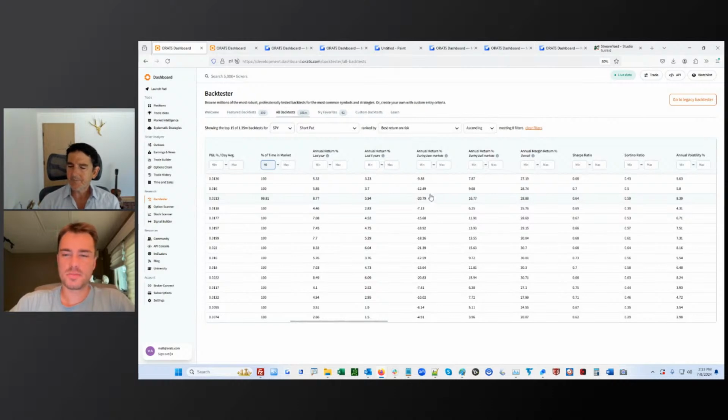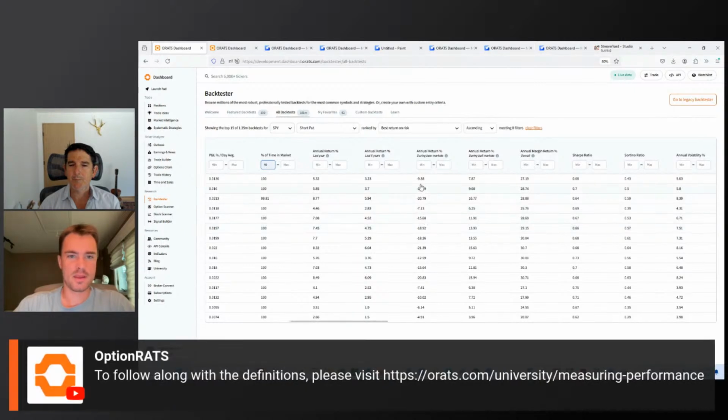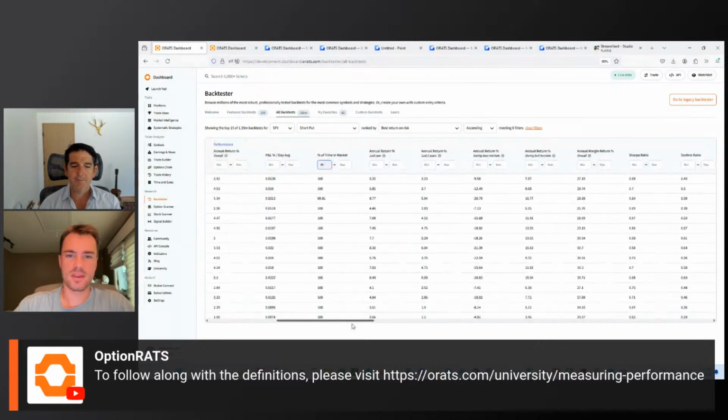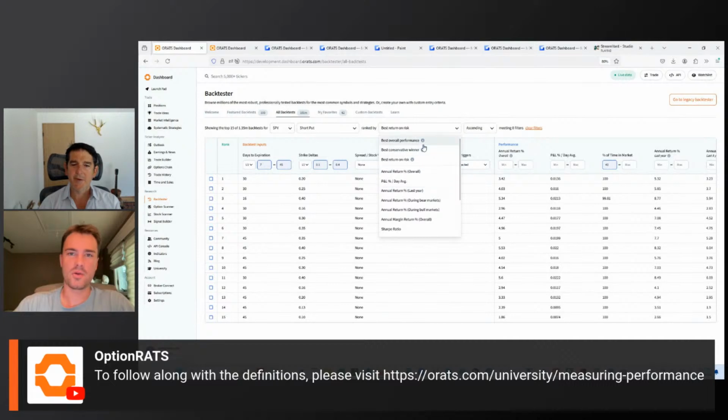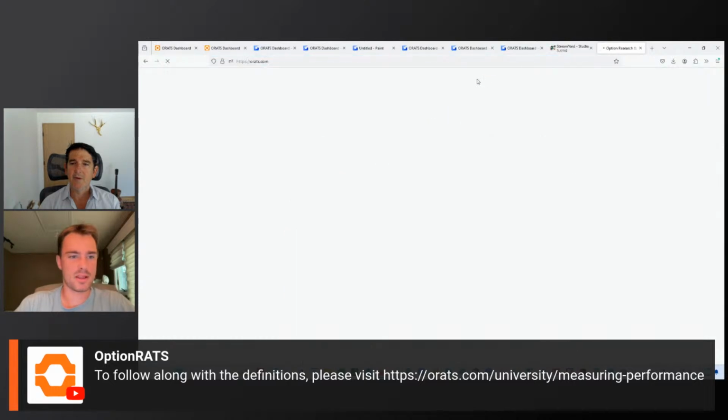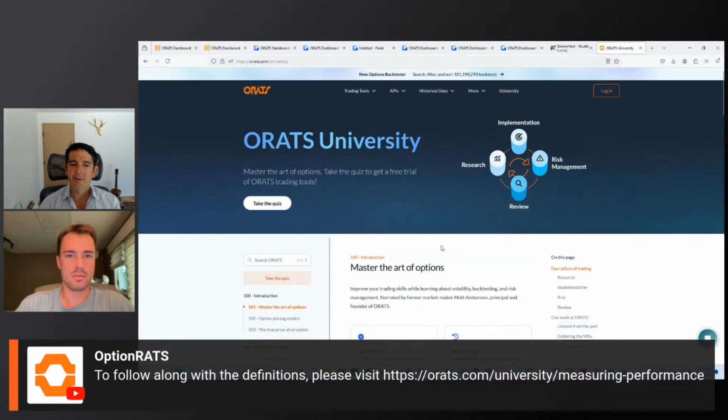It does, and I just posted in the comments, if you guys want to follow along with the definitions of these returns, like best return on risk or definitions of any of the parameters we're showing here, you can visit that link. It's a page on our ORATS University that explains everything that Matt is talking about here in more detail.